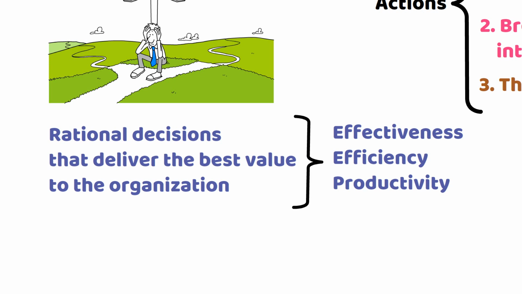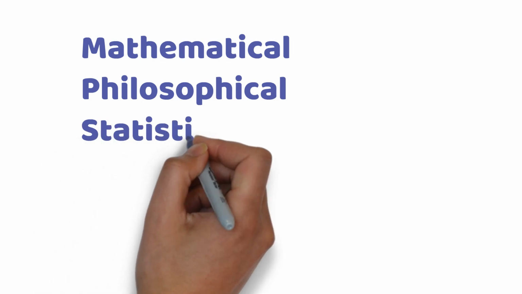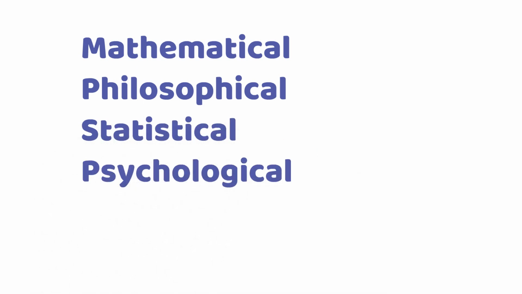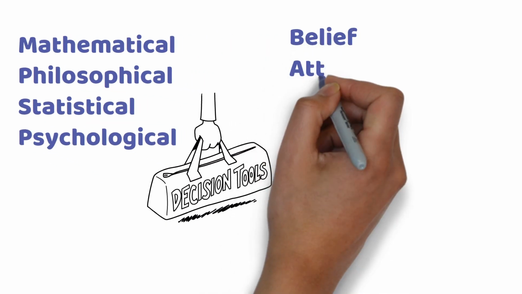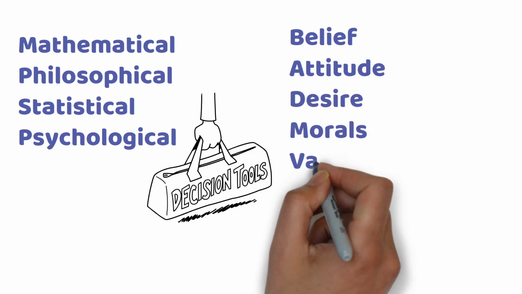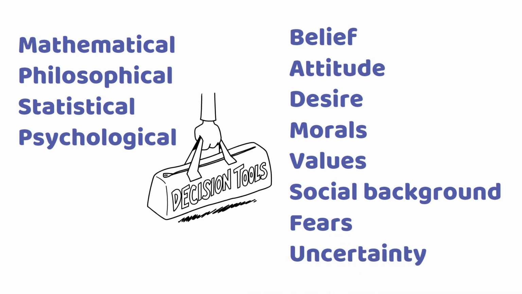It combines various mathematical, philosophical, statistical, and psychological tools to understand the decision-making process. When a person makes a decision, their belief, attitude, desire, morals, values, social background, fears, and uncertainty play a crucial role. Decision theory also considers those attributes to determine the best logical decision possible in unpredictable circumstances.